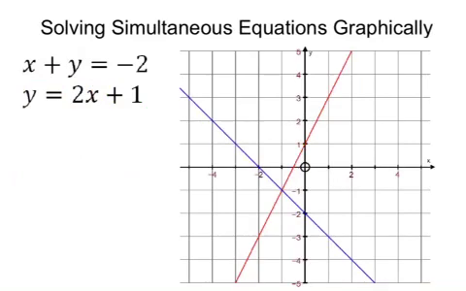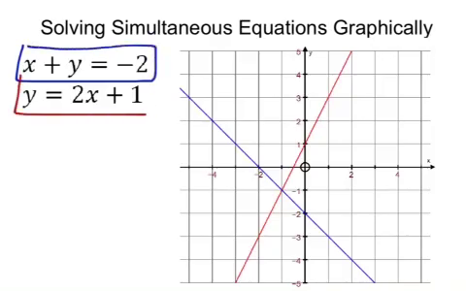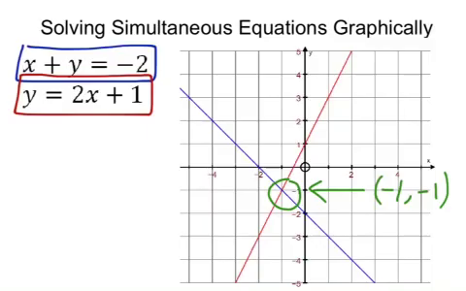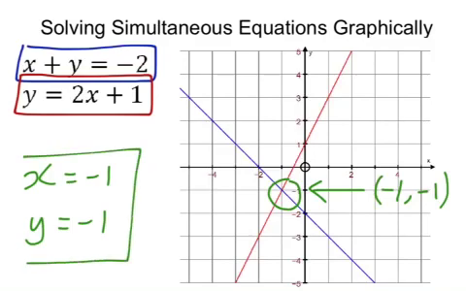And now we have the blue line x plus y equals minus 2, and the red line y equals 2x plus 1. So the solution of the simultaneous equations is where both equations are valid, and that is the point where the two lines cross, which in this case has coordinates minus 1, minus 1, that is x equals minus 1, y equals minus 1.